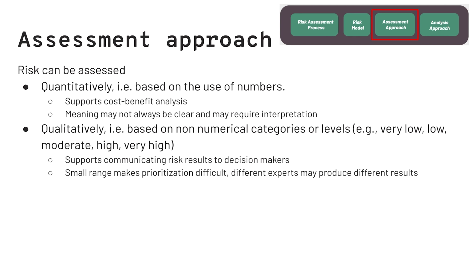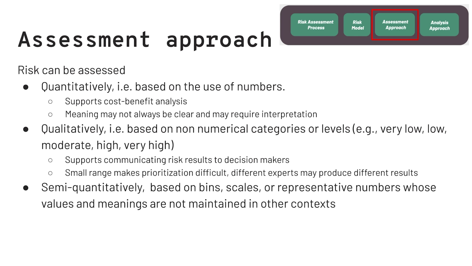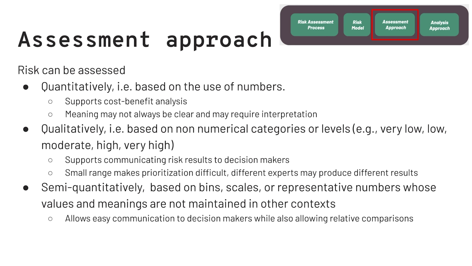So to get the best of both worlds, you may choose to do the semi-quantitative approach, where you use bins or scales, whose values and meanings are not maintained in other contexts, but within the context you can understand the severity of the risk. An example would be bins like low, where low is 0 to 20.